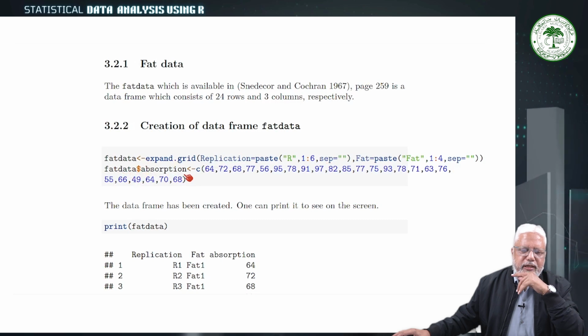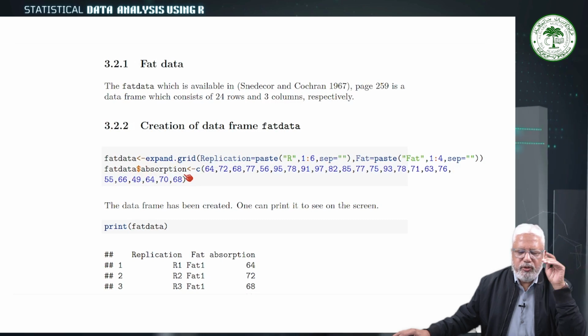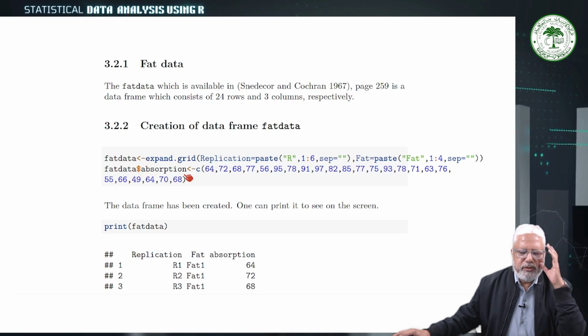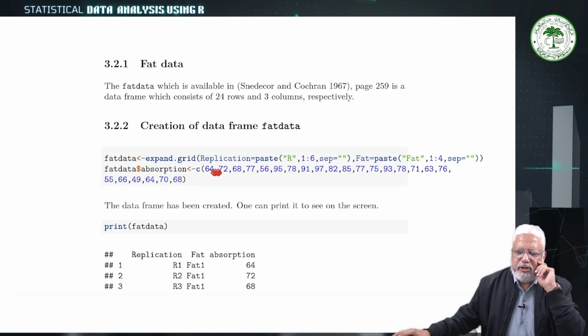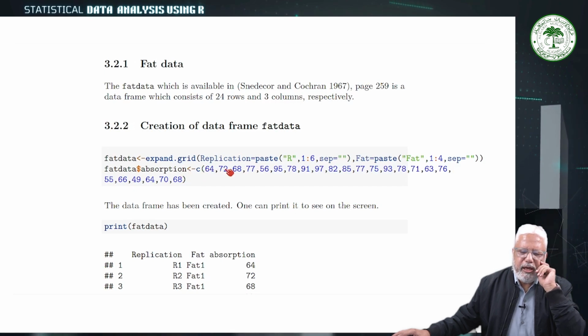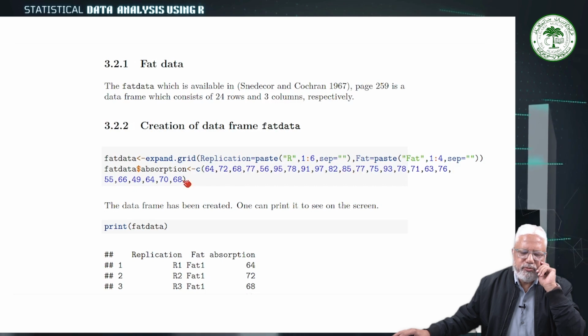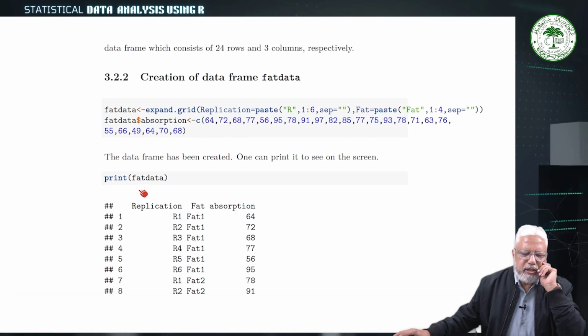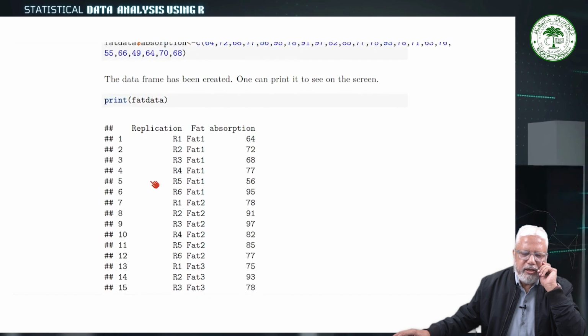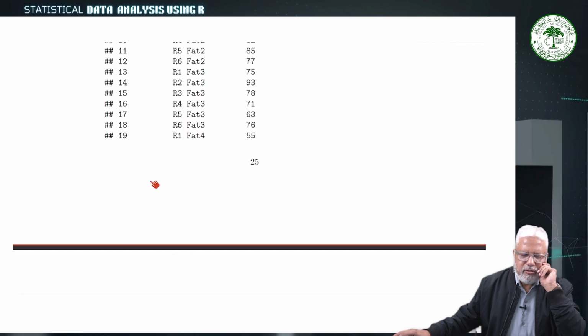Actually, these data sets are about the absorption of fat in different types of doughnut. So, these absorptions are the response. After creating this data, we print the fat data. So, this has been created.